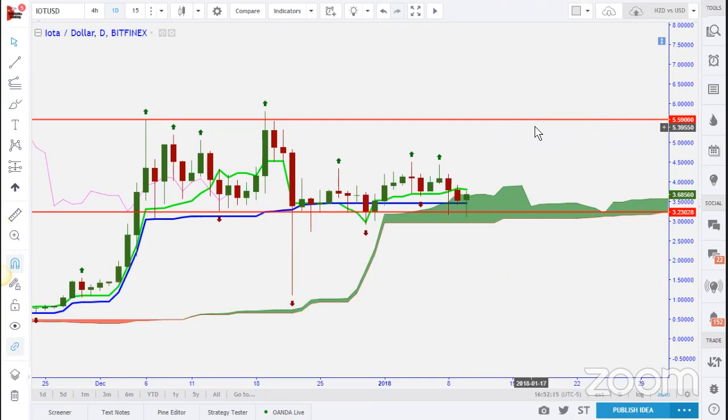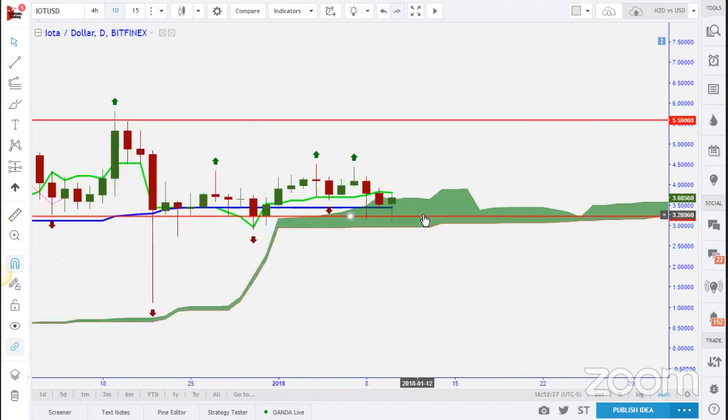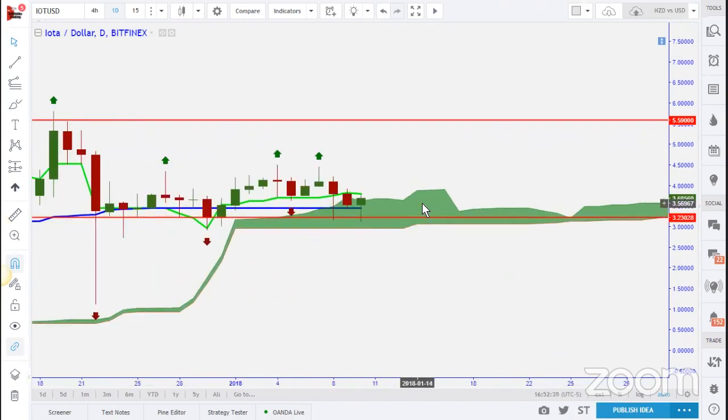IOTA USD. And you could see here this market was in a sideways range pretty much, and we have bottom support levels and pretty much bouncing off of this Kijun-sen level also. The current candle has roughly 2 hours and 6 minutes before it closes.